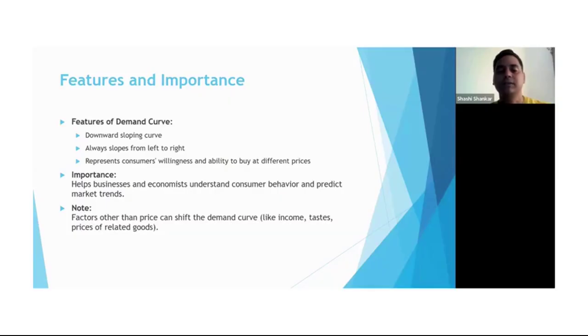So income, taste, and price of related goods impact the demand curve, and it might shift from here to there because of the factors that are affecting it.